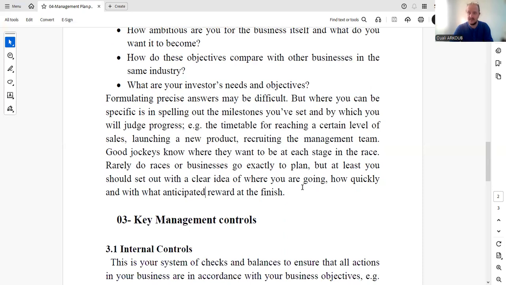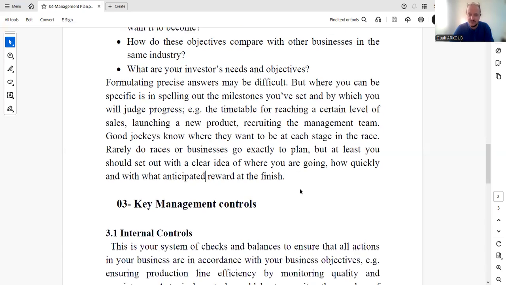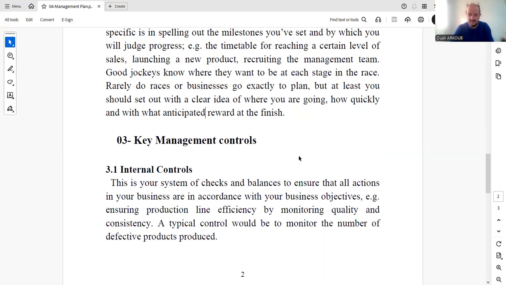The third pillar, the third element, is key management controls. What are key management controls? The first key is internal controls. This is your system of checks and balances to ensure that all actions in your business are in accordance with your business objectives.